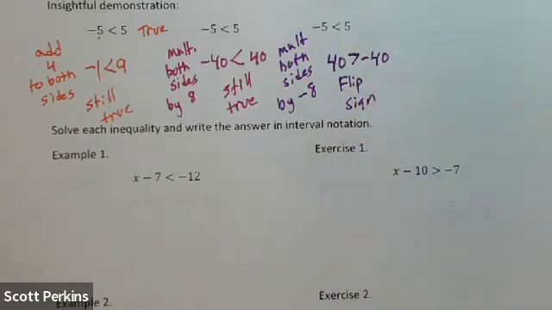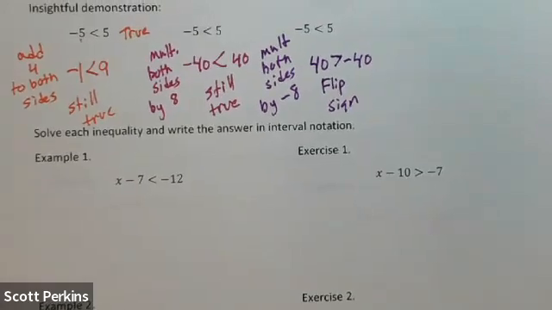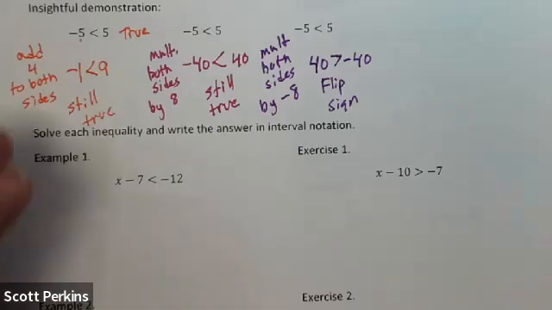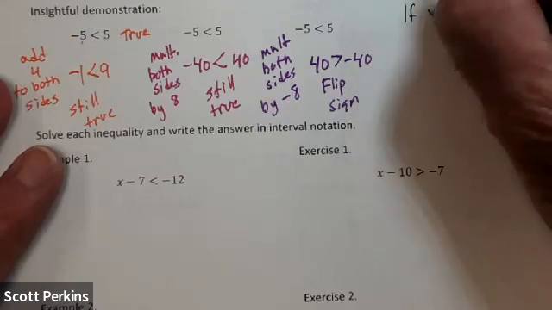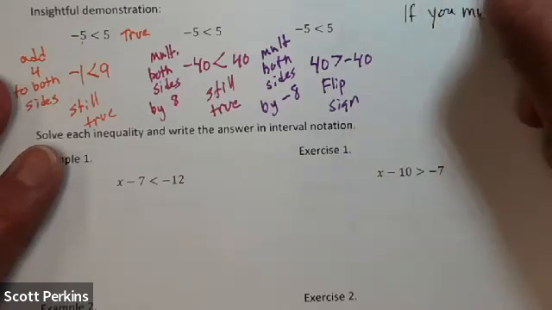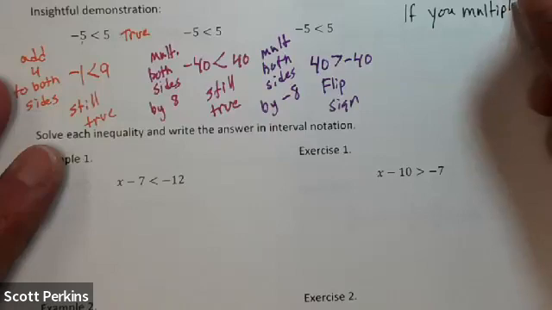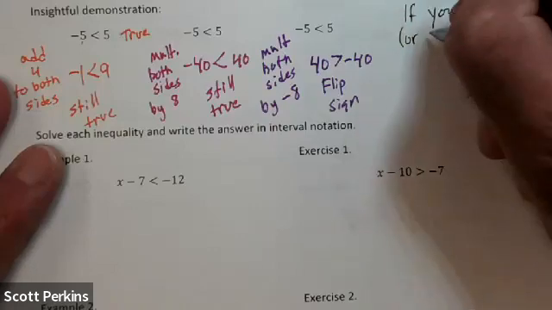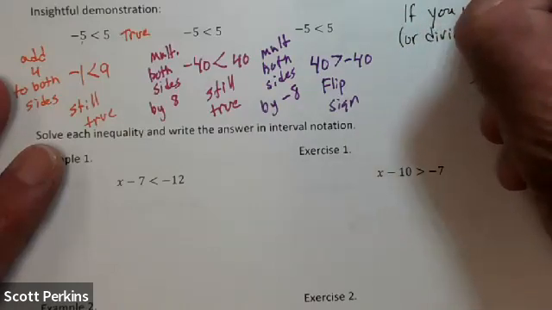Now, if you are just hoping that I will summarize for you what you need to remember, congratulations, I'm just about to do that. So here is the summary of what you need to remember, the one thing you have to have awareness of when you're solving an inequality. Otherwise, it's the same process as an equation. And it is this: if you multiply, I'm going to write in parentheses, or divide, they're the same operation.